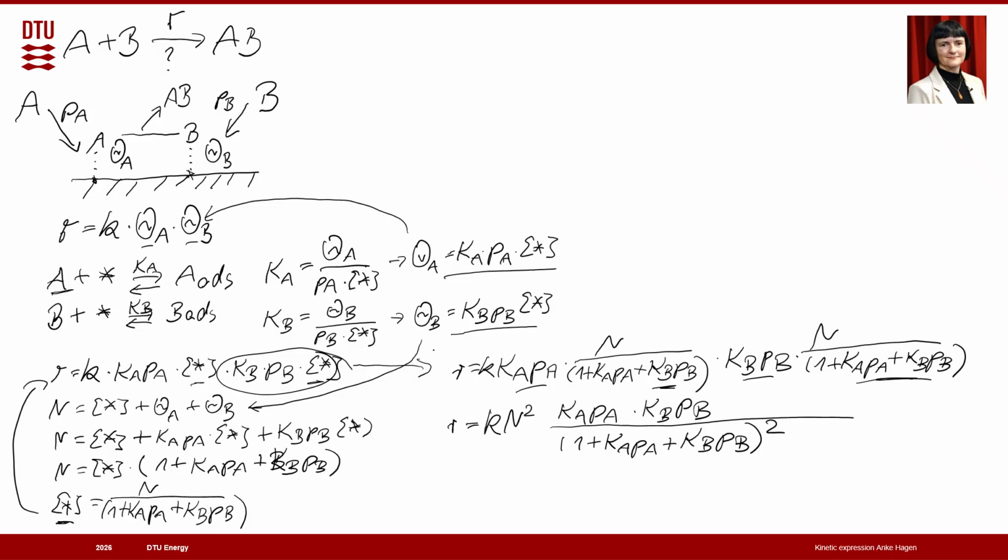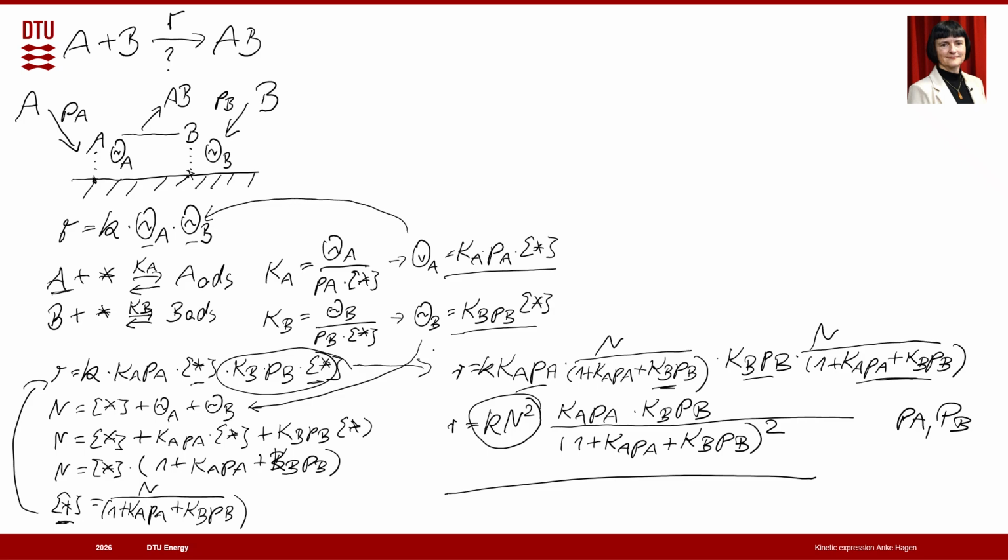Some of the terms here are constants, for example this one here. Sometimes you put that into a constant term, and then you see how the partial pressures P_A and P_B affect the reaction rate. You can then measure them, determine the reaction rate, and see if you get the right correlation, the one that we have arrived at.